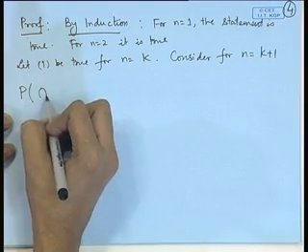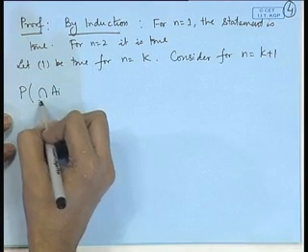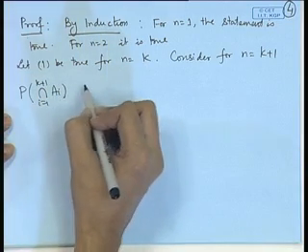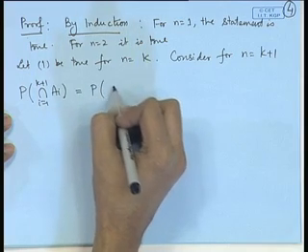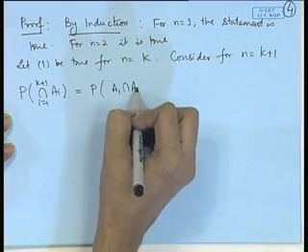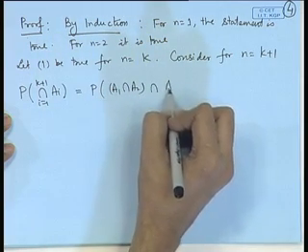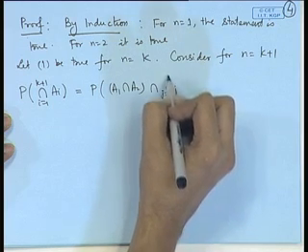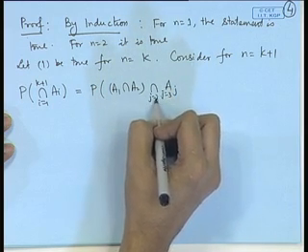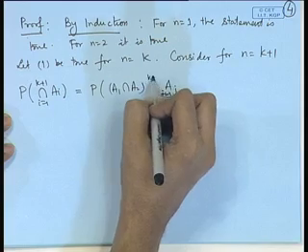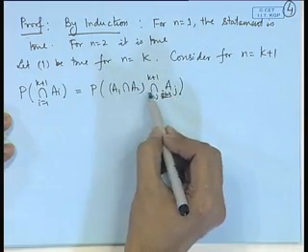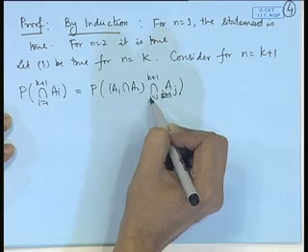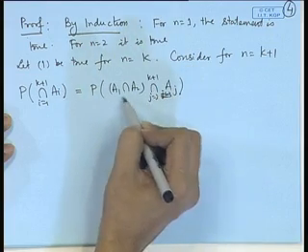So, probability of the intersection of Ai, i equal to 1 to k plus 1. Now, this one we can express as probability of A1 intersection A2 intersection Aj, say j equal to 3 to k plus 1. So, here if you see in the intersection, these are k minus 1 sets and this is 1 set.